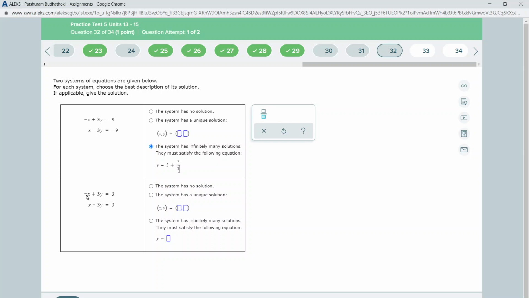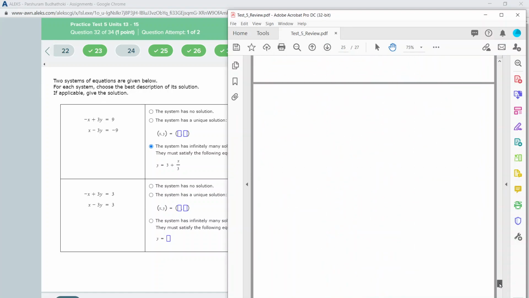Okay, it looks a little bit different, so let's do this one. Second problem, part B. Negative x plus 3y equals positive 3. Positive x minus 3y equals again positive 3. If you add these two equations, you are going to see something unusual.